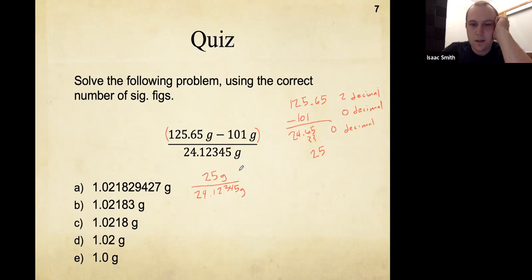So in the numerator, we have 2 sig figs. In the denominator, we have 7 sig figs, okay? So again, our answer is only going to be significant to 2 sig figs, right? Because it can only be significant to the number with the least number of sig figs here. So at this point, we don't even really need to do the calculation.